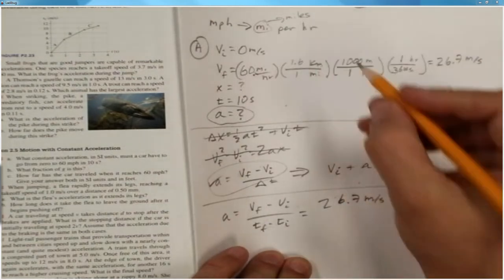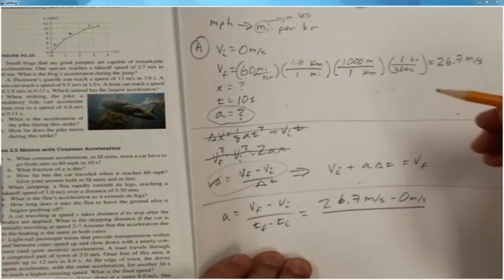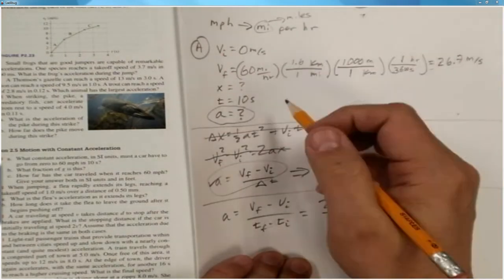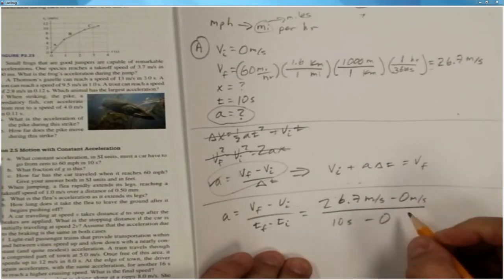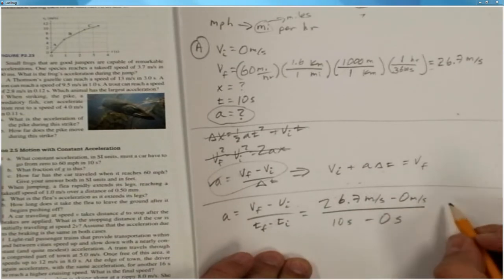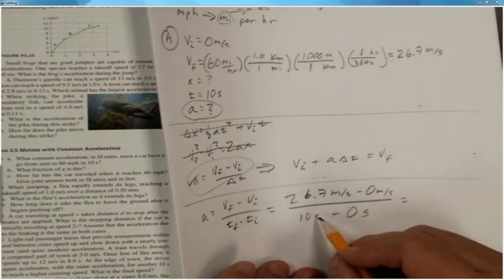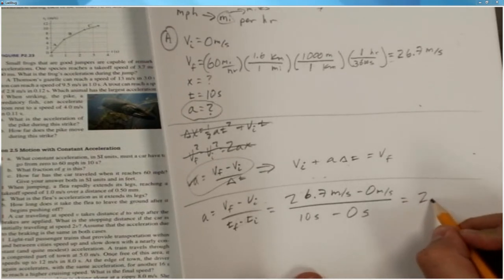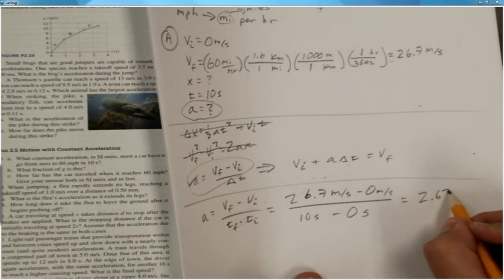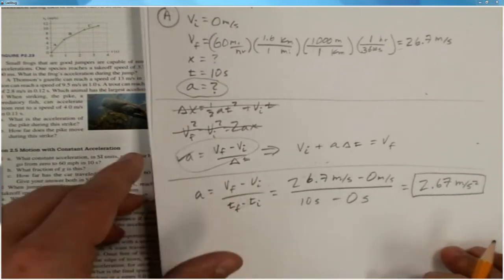My initial velocity is 0 meters per second. I'm going to divide by my final time. If I start the clock at the beginning, my final time is 10 seconds, minus my initial time, which at the beginning is 0 seconds. So that's 26.7 divided by 10, and meters per second divided by seconds. So that is going to be 2.67 meters per second squared. And that's the answer to part A.